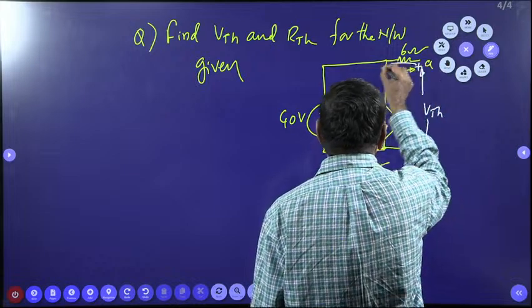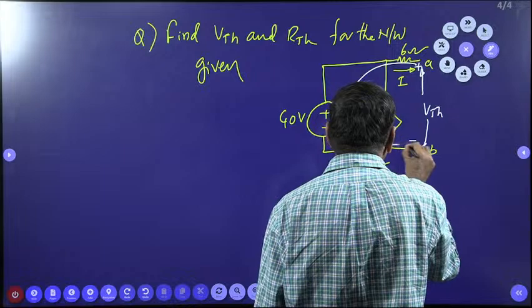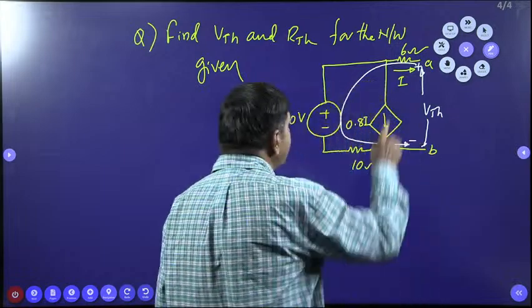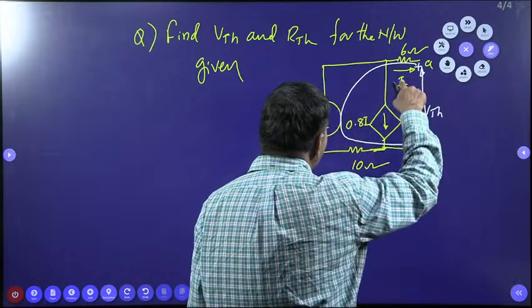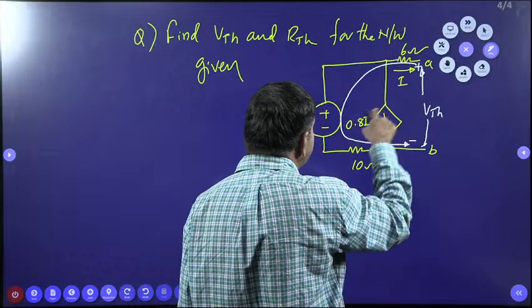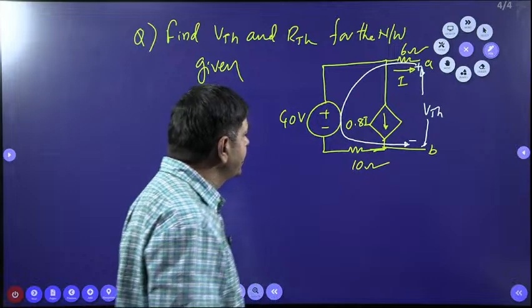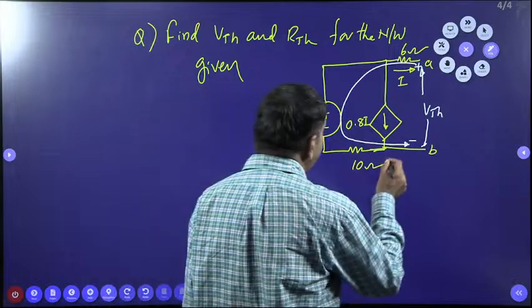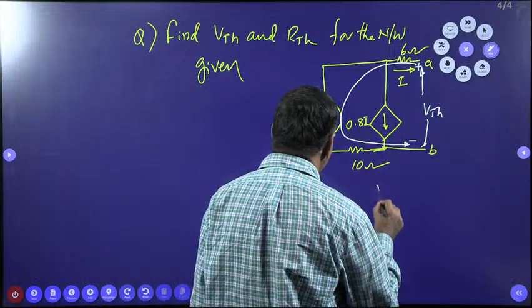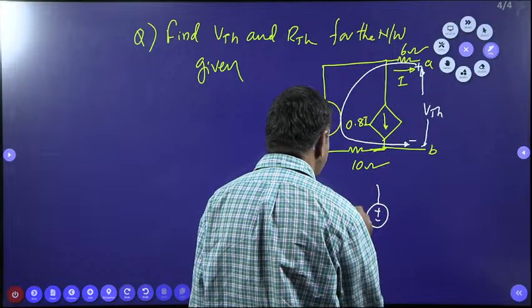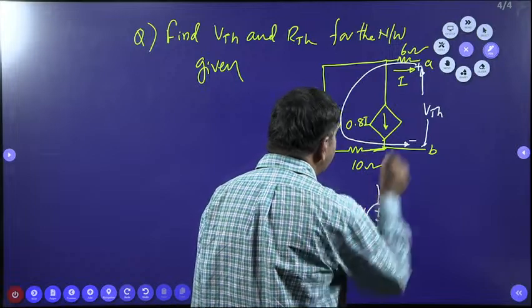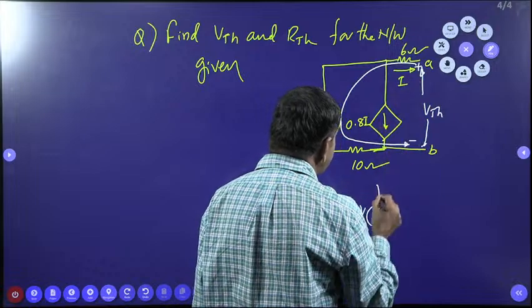I want to select the path in this direction. When current I is 0, this value becomes 0 only. This is an open circuit. Catching my point now. Understand? If you want, you can put it otherwise. Now the circuit I can draw exactly like this. 40 volts. When the current is 0, this voltage also becomes 0 only.